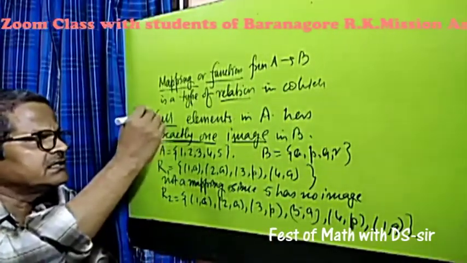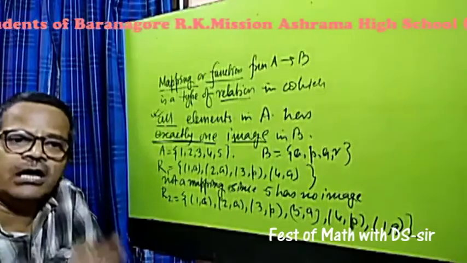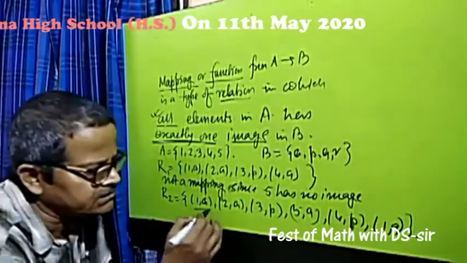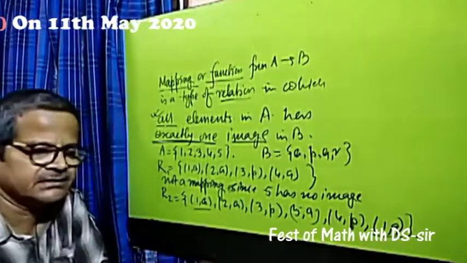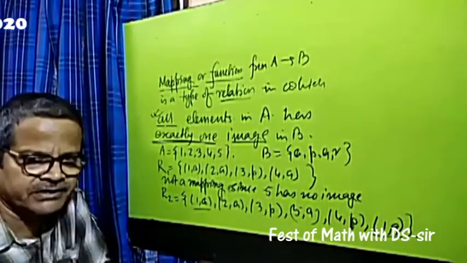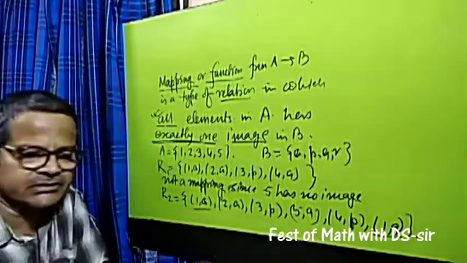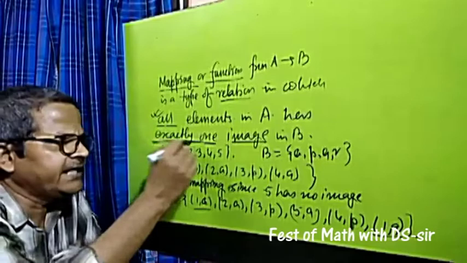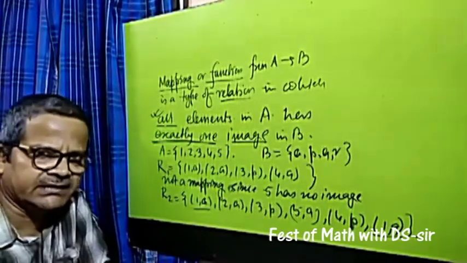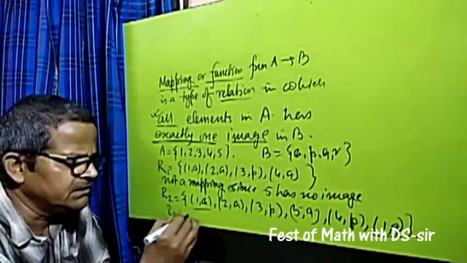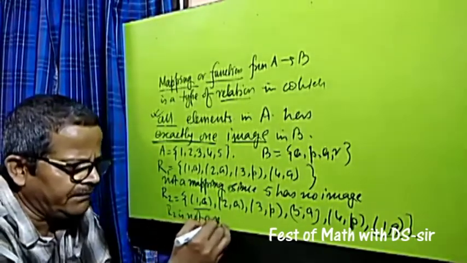So the first condition is satisfied. All have images. But see, 1 has two images. One image is a, another image is q. So this exactly-one condition is violated. That's why R2 is not a mapping.